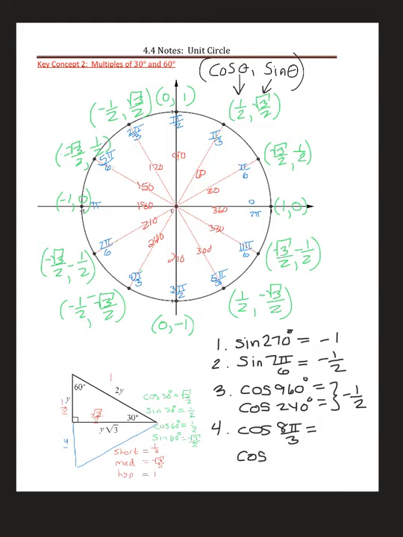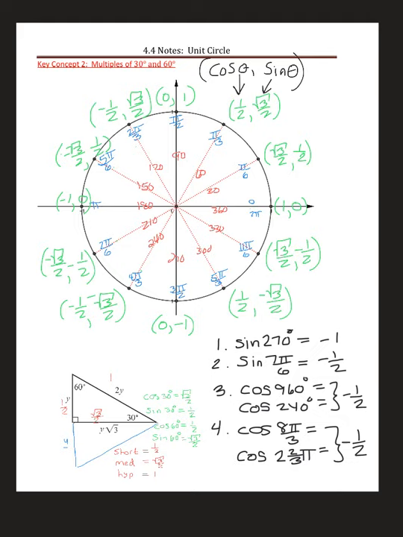So we'll say cosine. This is the same thing as 2 2/3 pi. So 2 pi of that is just going around the circle. So we have 2 pi over 3 left. 2 pi over 3 is right here. It's the same thing as 120 degrees. Cosine is the x coordinate, so we're looking for -1/2.